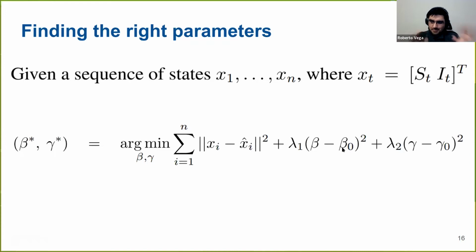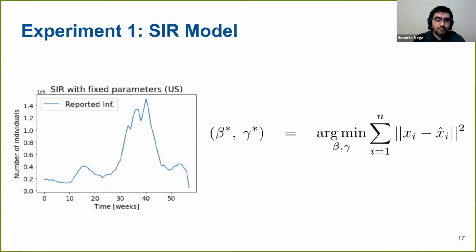This is just a mathematical way of saying, I believe that beta has to be around 1 and gamma has to be around 1/15. And then we can bias the model to try to make the predictions in that. And that is very useful, actually, when we have very few instances of data.